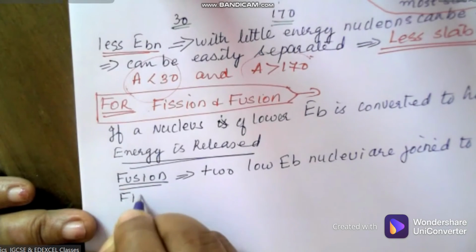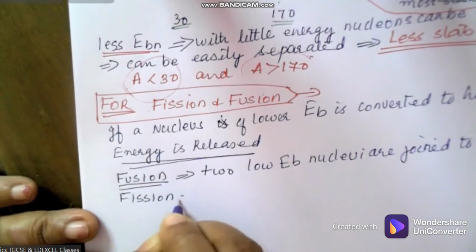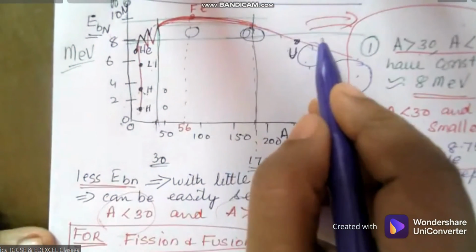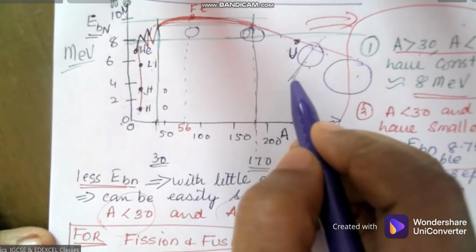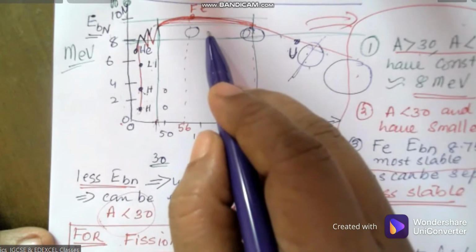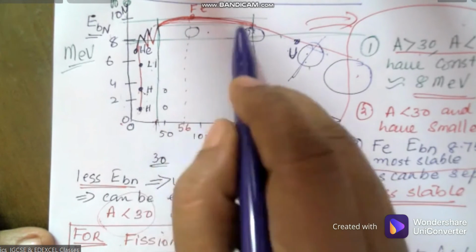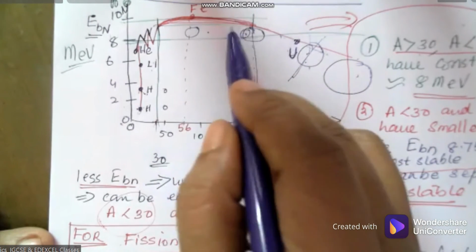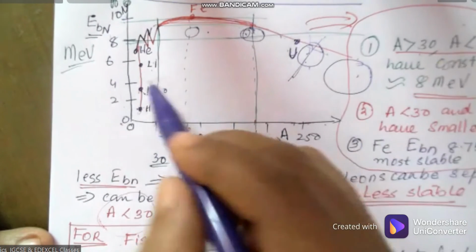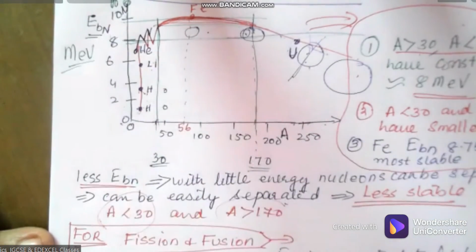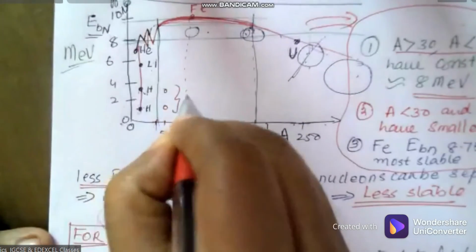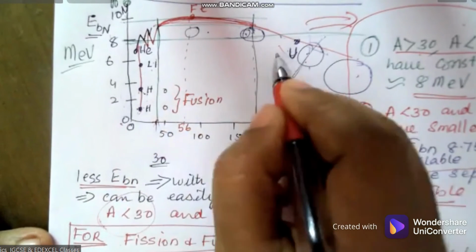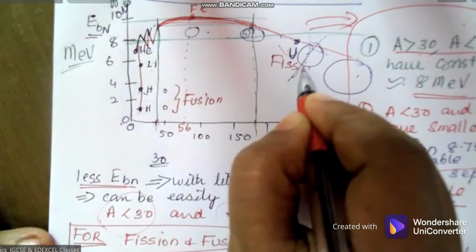In fission, what do we have? Again, this is uranium. Uranium is split. When uranium is split, you will get barium and krypton, which are in this range. Again, low binding energy to bigger binding energy. Then the energy is released. So what happens with these is fusion, and what happens with this is fission.